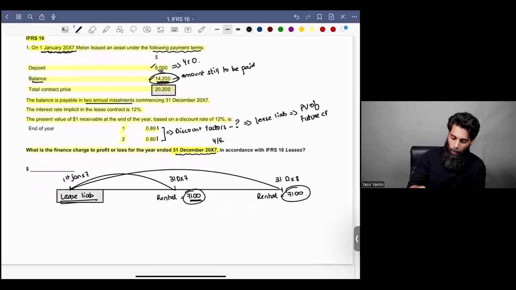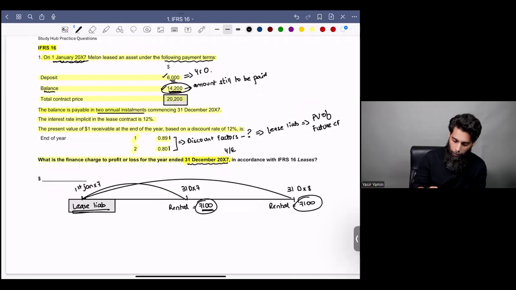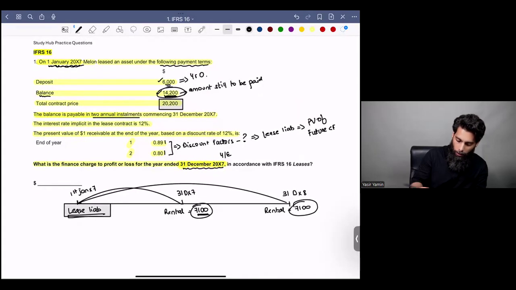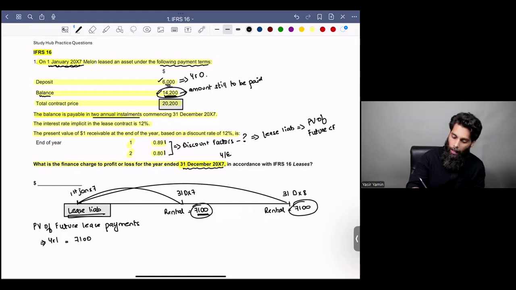How will we do that? Please, guys, help me out. You need to have your calculators in your hand. Present value of future lease payments. We are going to pay in 1 year's time $7,100, and in 1 year's time, each dollar will be worth 0.89 only.